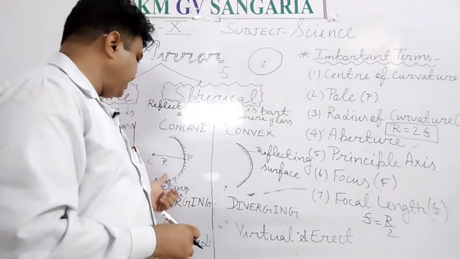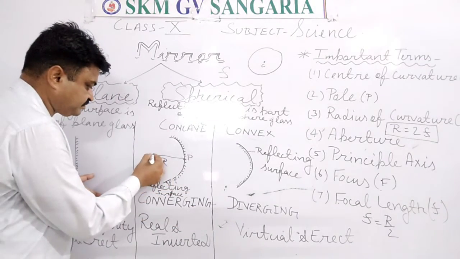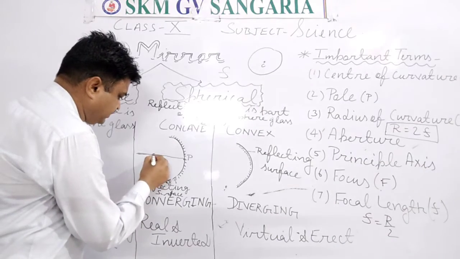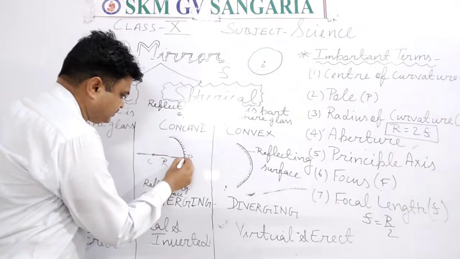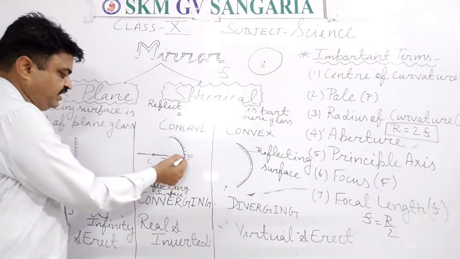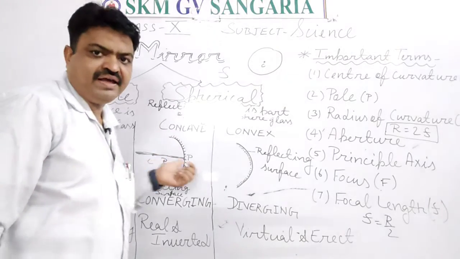So what is the principal axis in a spherical mirror? The line that passes through the center of curvature and the pole is known as the principal axis.